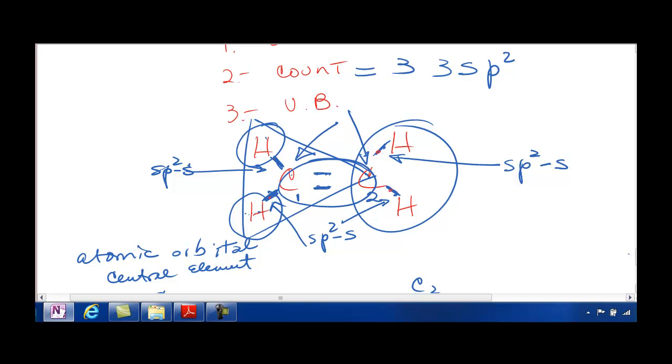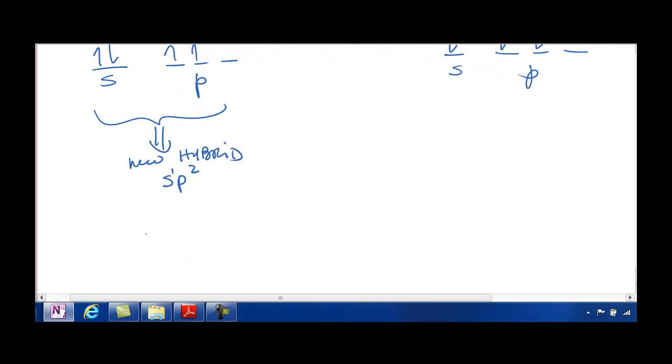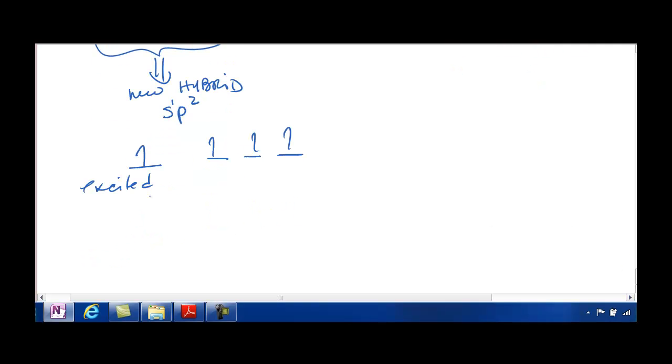But what about this little fellow in the middle? Let's try to understand all the bonding. Okay, in reality I skipped one step. Before we formed this, we excited and we put 1s, so this is really an excited state, and then we go ahead and hybridize the S and the P's. We take the 1s and these two.